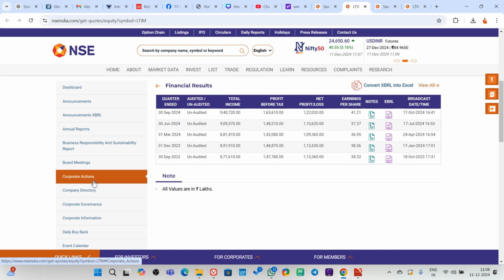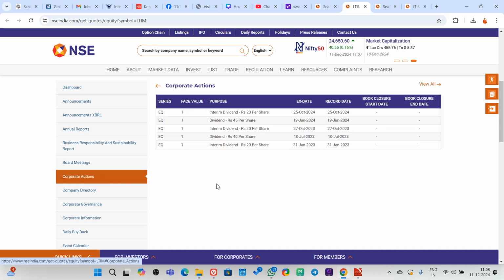So let's go to the corporate actions. This is very important. It has given an interim dividend of 20 rupees per share. Dividend in the sense, at some point of time in the year they are going to give you 20 rupees per share if you are a shareholder in this company. For example, if you have 100 shares of LTI Mindtree, you are going to get 2000 rupees overall dividend, 100 shares into 20.